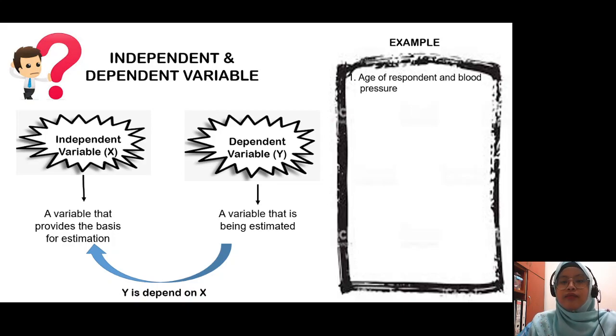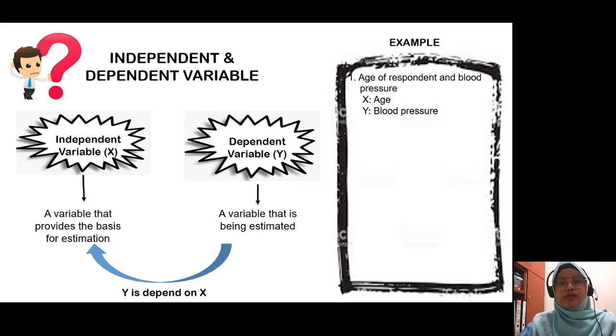So age and blood pressure. Which one is x, the independent variable? The independent variable will be age and blood pressure will be the dependent variable. Of course, you cannot write x and y, so it depends on the question.